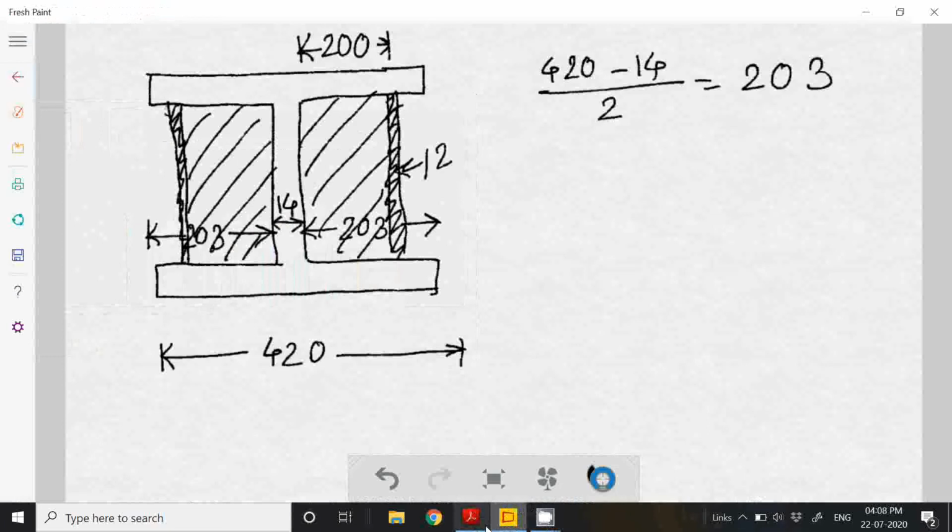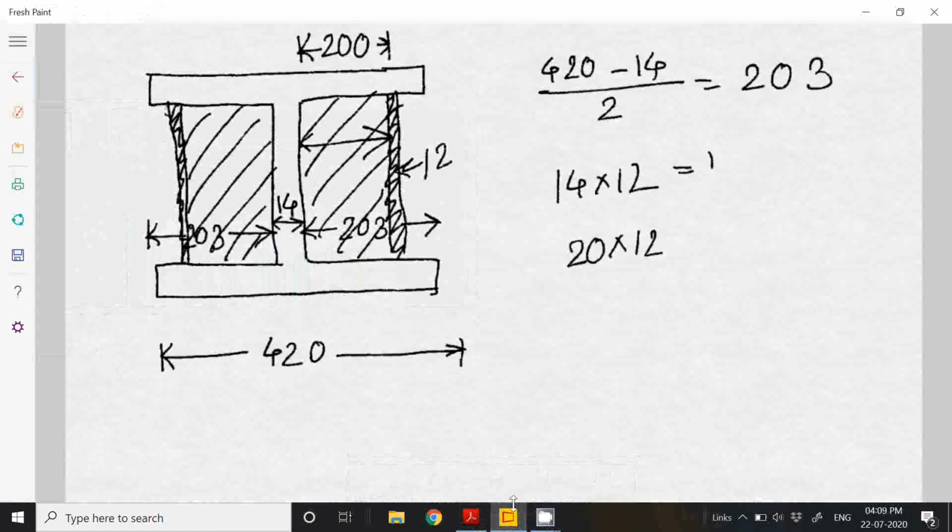Now the outstand of the flange, that means how much we can give here, should be between 14 times 12 to 20 times 12. This is 168, this is 240.